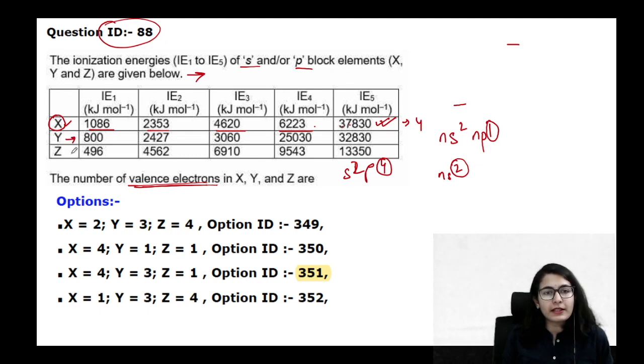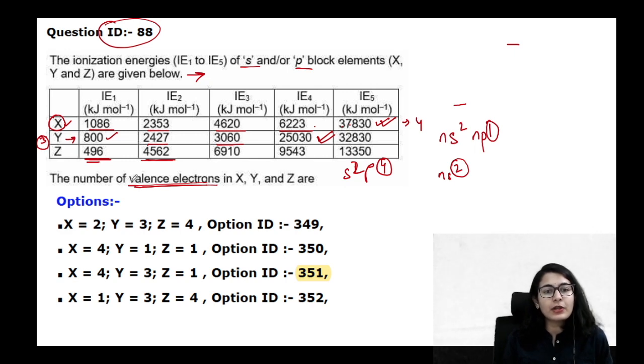Similarly, what about Y? 800, it was a 3-digit number, and then you are having 2427 4-digit, 3060 4-digit, and 5 digit over here. So you can say that Y is going to have 3 valence electrons, because now the value is too high. 496, and directly jump to 4000 something.